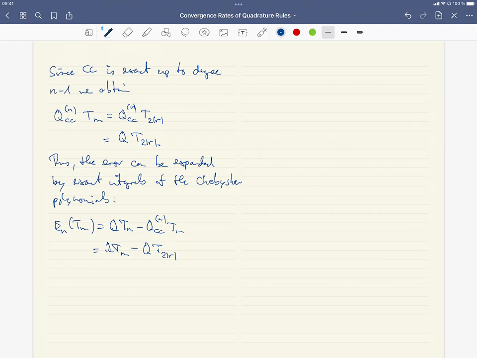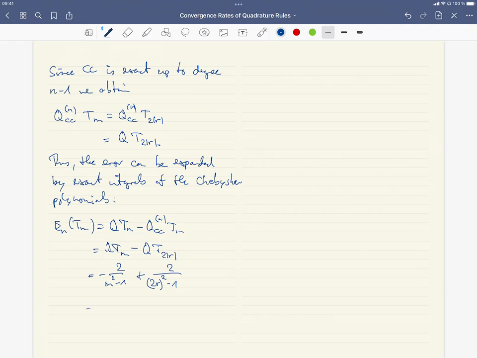Yeah, so this is the true integral, and actually I can write this down. So you hopefully believe me. If not, do it as an exercise. This is the true integral of the mth Chebyshev polynomial minus the true integral of the 2rth Chebyshev polynomial.